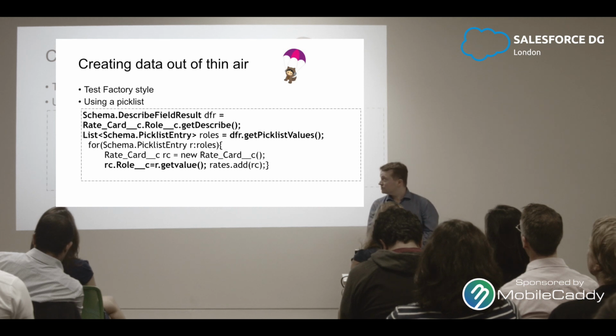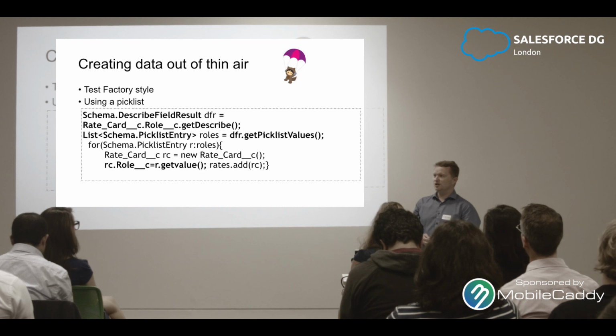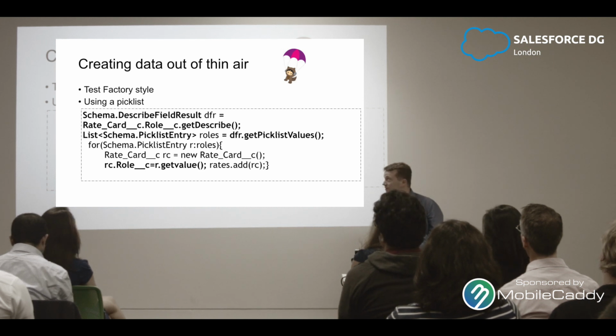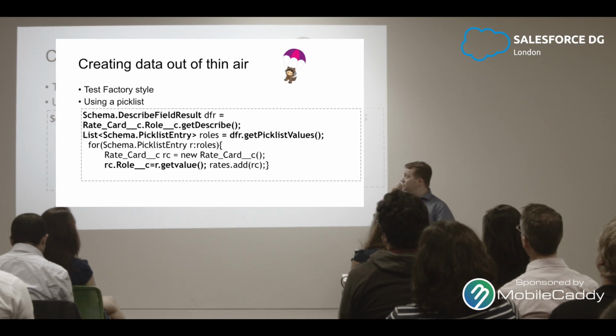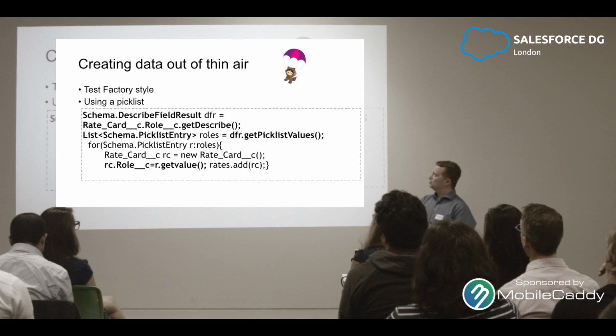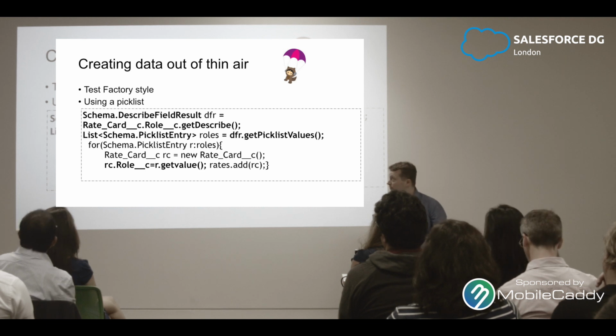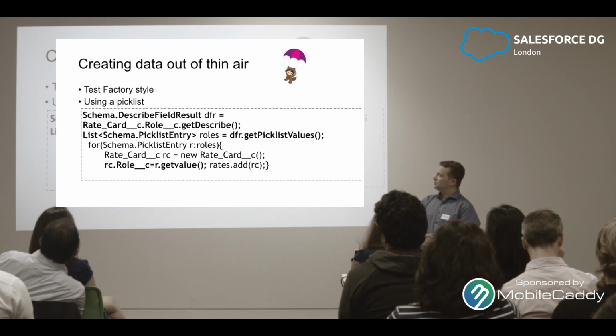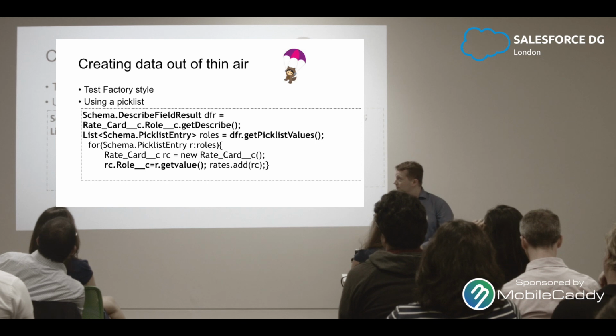We can also use things that do come across within the Sandbox refresh, such as metadata. So we can use a picklist. In this example, we're going to create some rate cards, and we're going to grab the role picklist field using the Schema class, and then we're going to grab the picklist values.